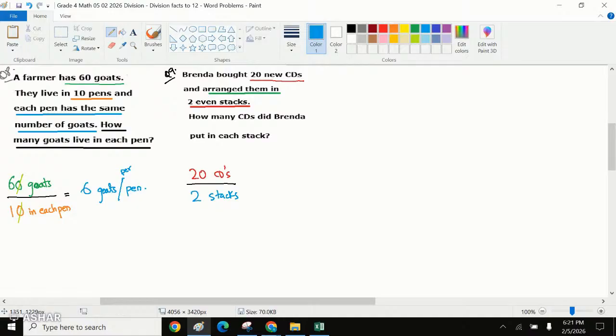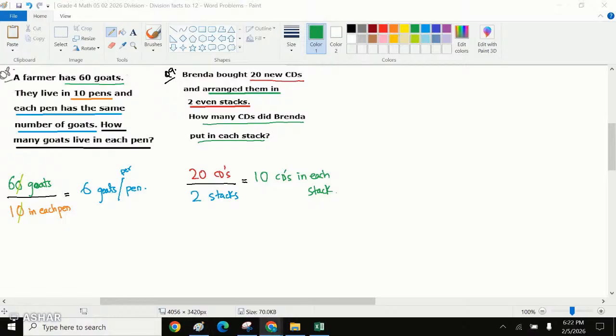A CD is a memory device like a USB, a phone storage, but it's a physical device. Okay, very good. So how many CDs did Brenda put in each stack? When we divide this, we can say 10 CDs in each stack or each pile. So 20 divided by 2 is 10. Thank you so much. Thank you, Aiken. Thank you, Tess. Thank you, May. Thank you, Baruch.